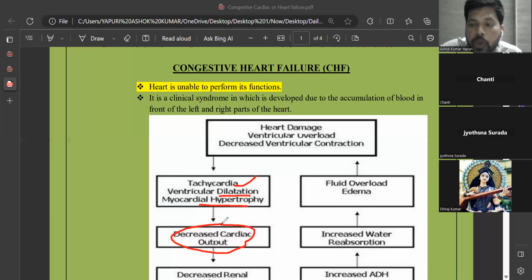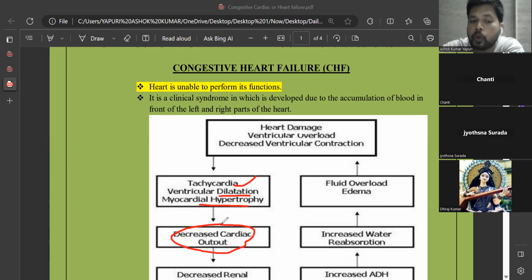As you know, cardiac output is nothing but the amount of blood coming out of the heart for each beat. Cardiac output is important throughout the body. It is essential for brain functions, for GIT functions like absorption and digestion, and for the kidney to perform its filtration.